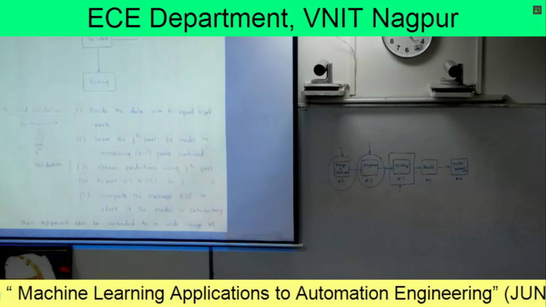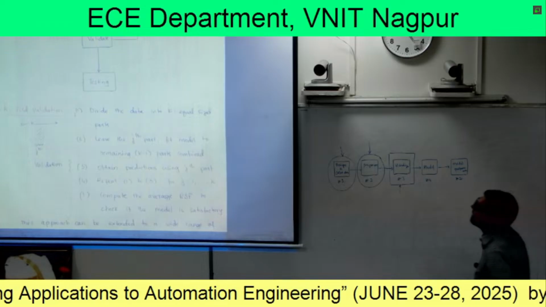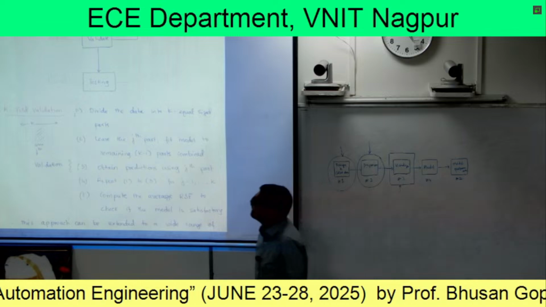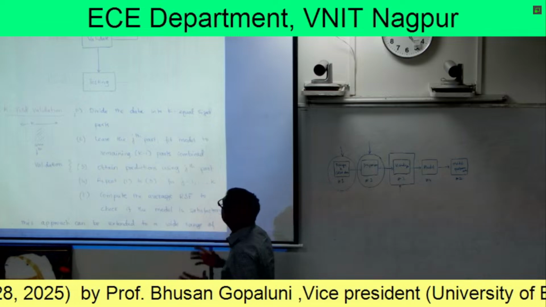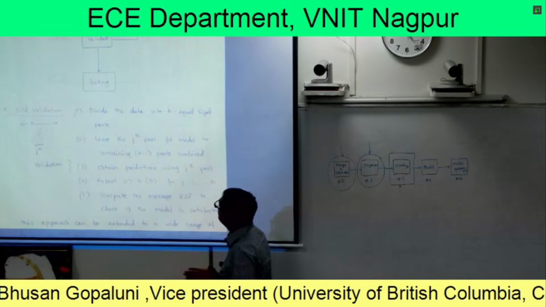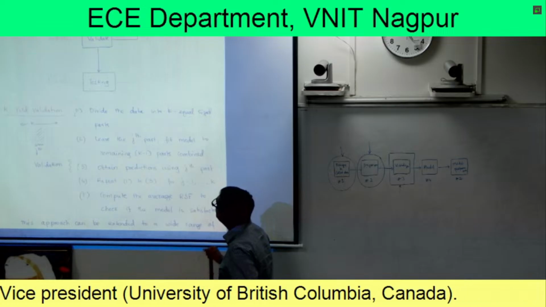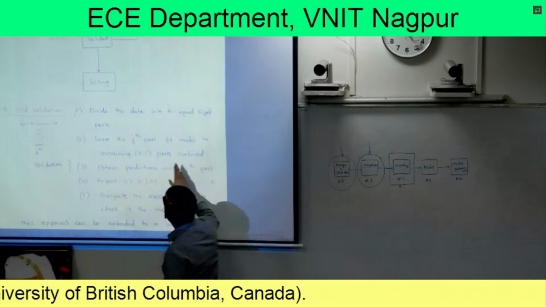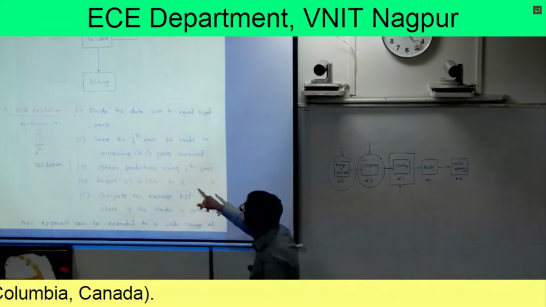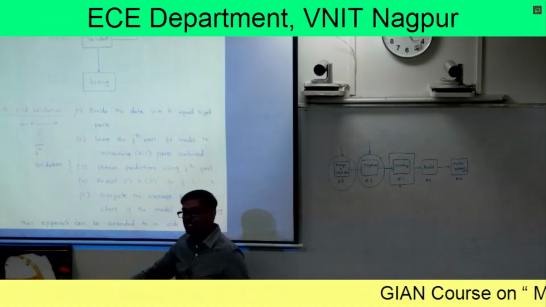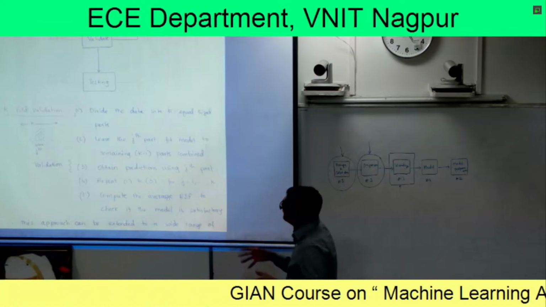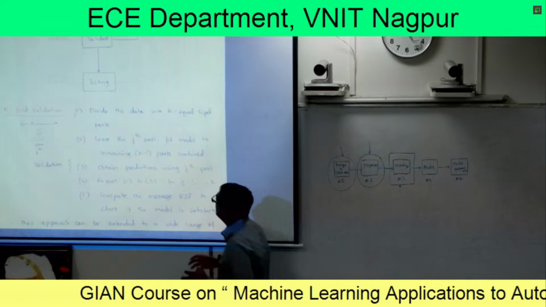I just wanted to show you what K-fold validation is. In k-fold validation, you divide the entire data set into k equal sized parts. Then you leave the jth part, fit the model to the remaining k minus 1 parts combined. So you just take one piece of your data, put it away, fit a model to the remaining data set.